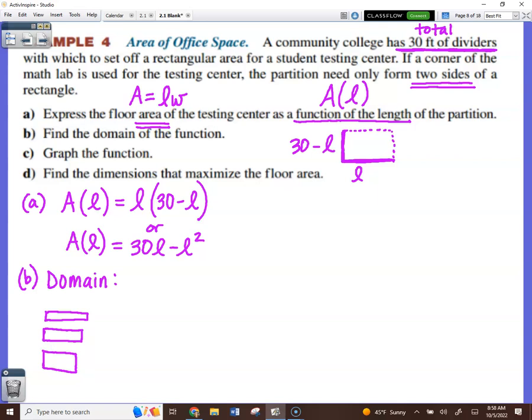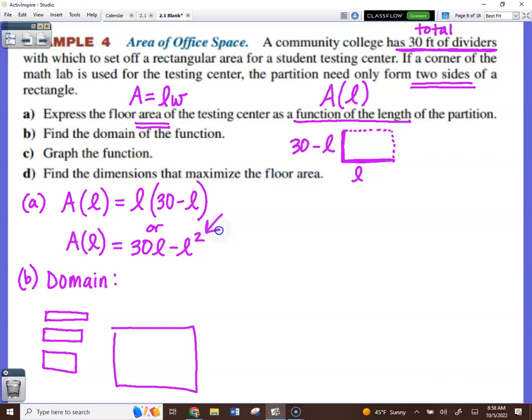And I'm still playing with the numbers that add up to 30. And that's why D says, so what dimensions would create the nice big rectangular space that would allow more people to sit over there and test? And that's what we're looking for, the maximum of this.